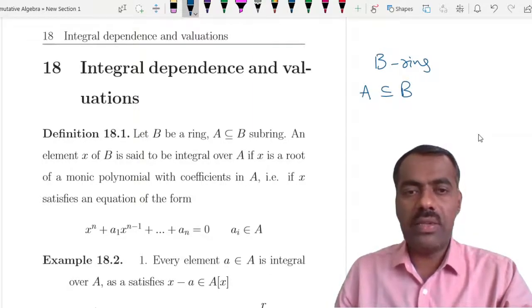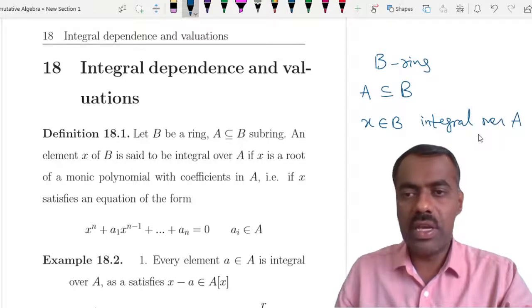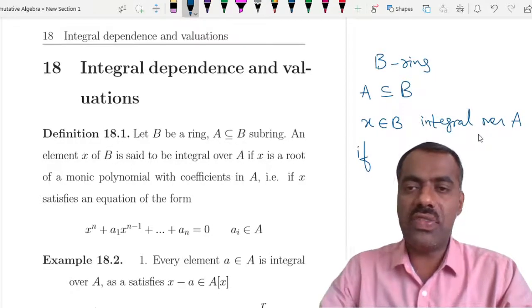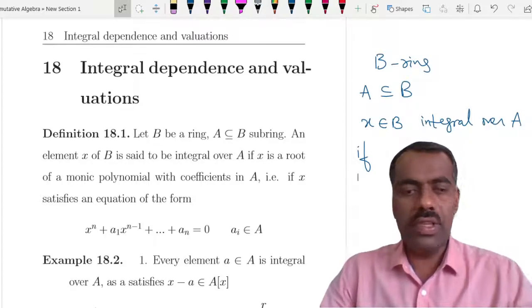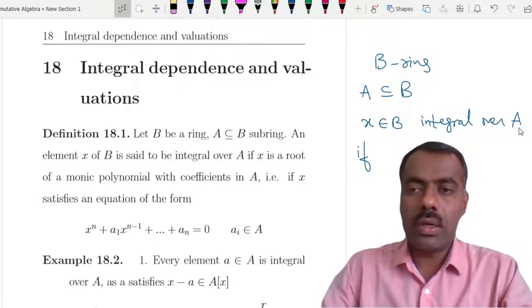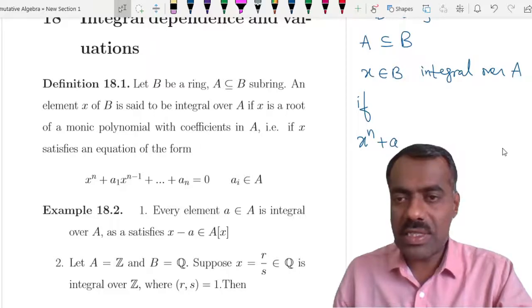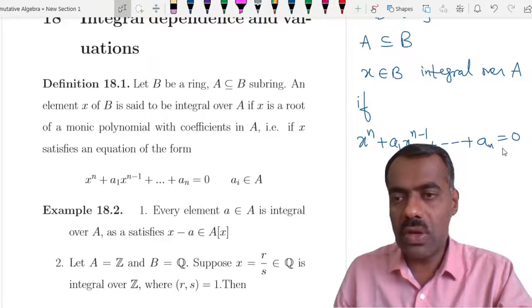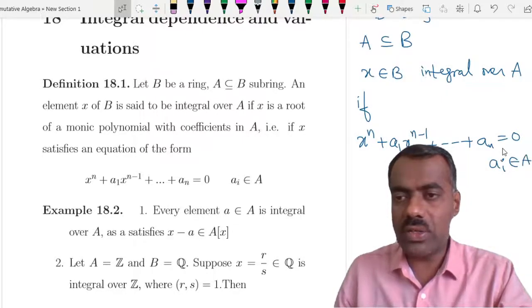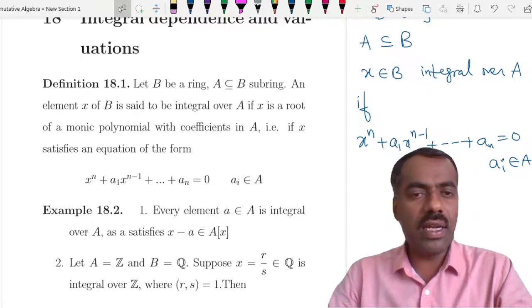Then we say that an element x belonging to B is integral over A if x satisfies an equation whose coefficients come from A. That means x^n + a1 x^(n-1) + and so on + an should be equal to 0 for some n and ai belonging to A. So this expression should be equal to 0. Then we say that x is integral over A.